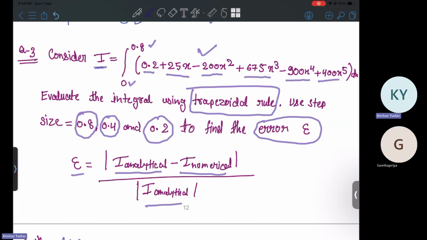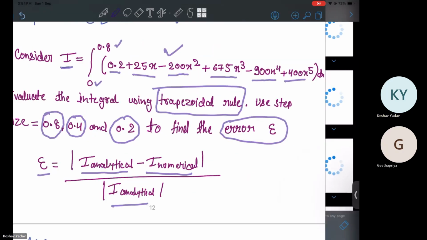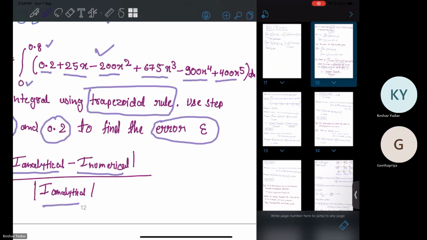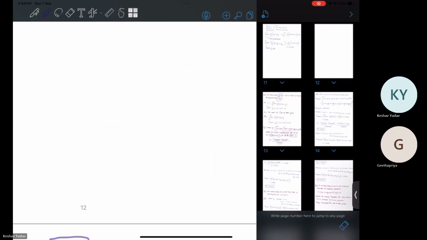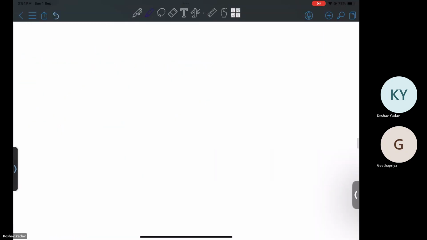So first we need to find the analytical solution of this function. What is the function here? Let me write the function.